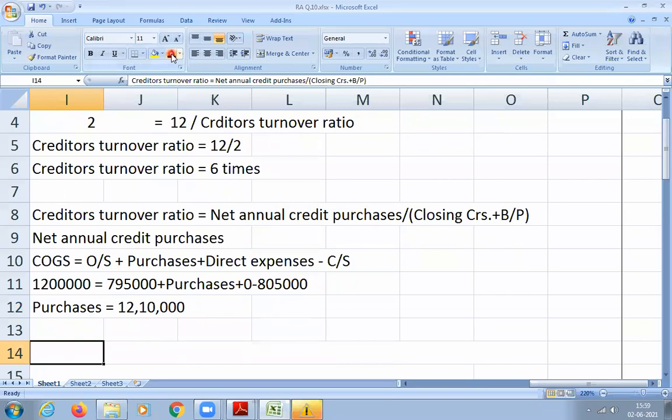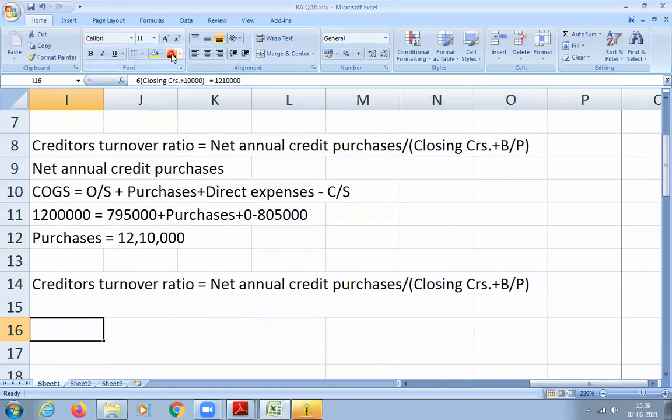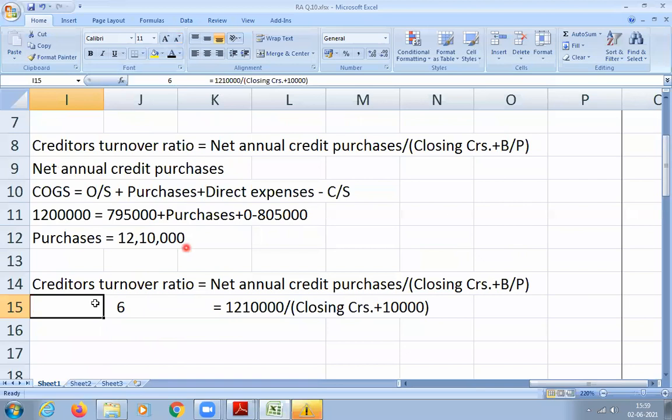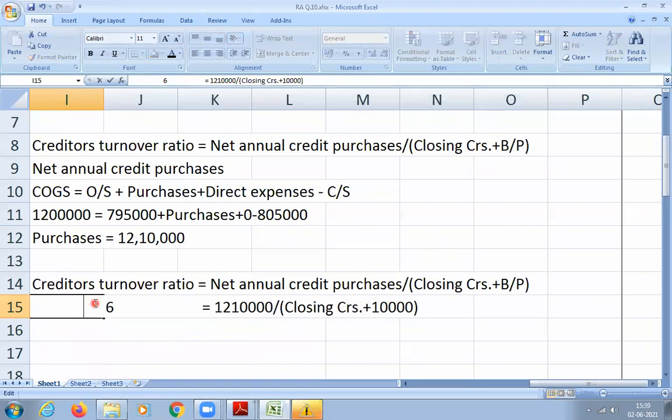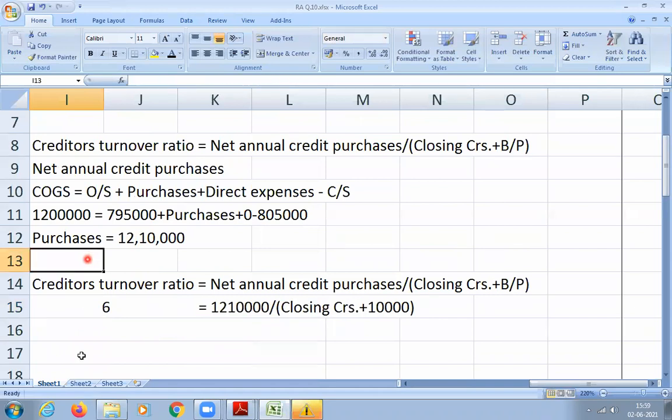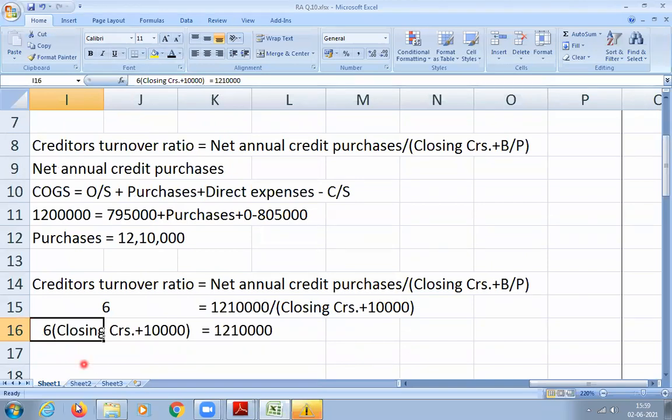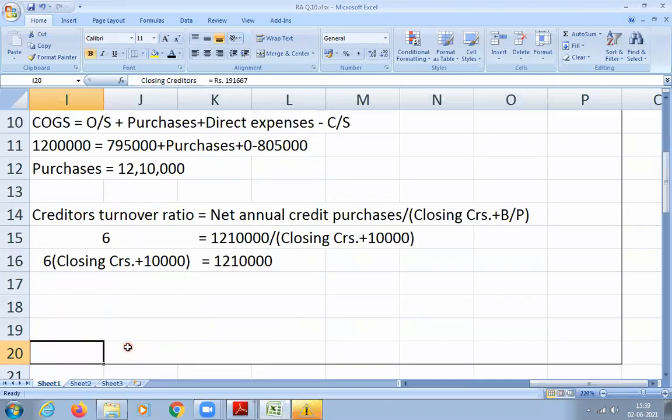So once again, the formula: net annual credit purchase divided by closing creditors plus bills payable. CTR is 6, and annual purchases we got 12,10,000. Closing creditors I don't know. I know bills payable is 10,000. So cross multiply: 6 into closing creditors plus 10,000 is equal to 12,10,000.